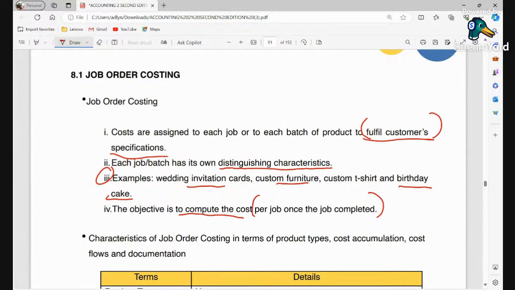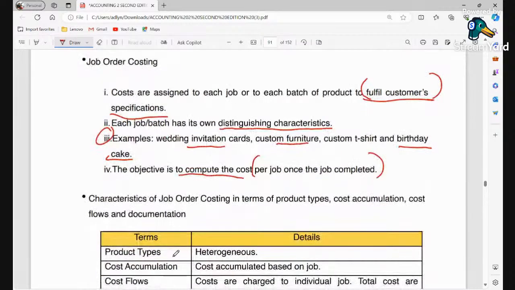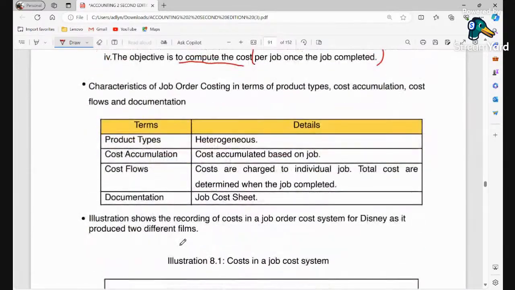All right, so characteristics of job order costing in terms of product types, cost accumulation, cost flow and documentation. As you can see here, product types di sini ialah heterogeneous. Heterogeneous maksudnya varies, pelbagai. So not specifically one. If I say wedding invitation card, wedding invitation card tu akan pelbagai.